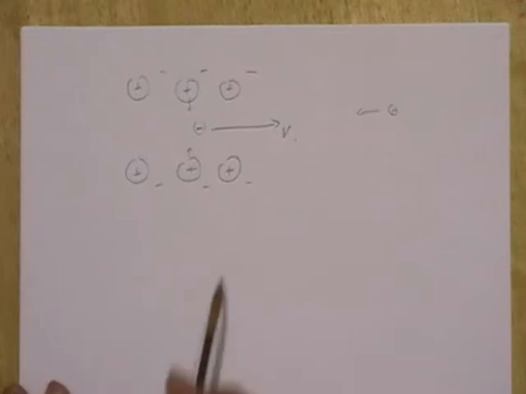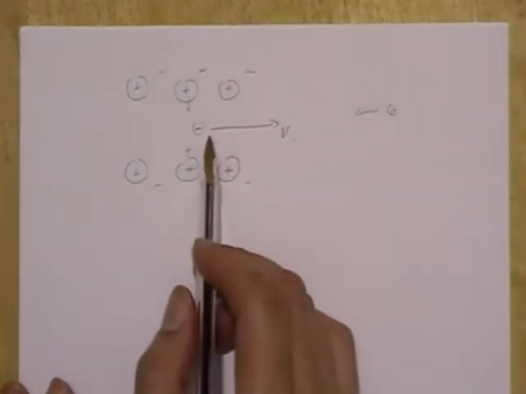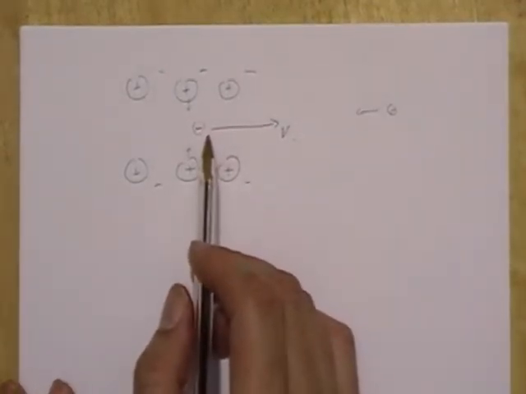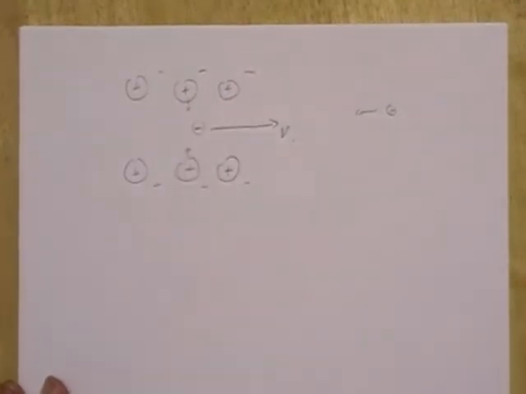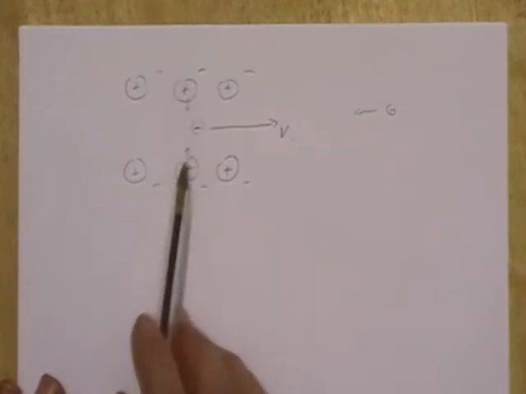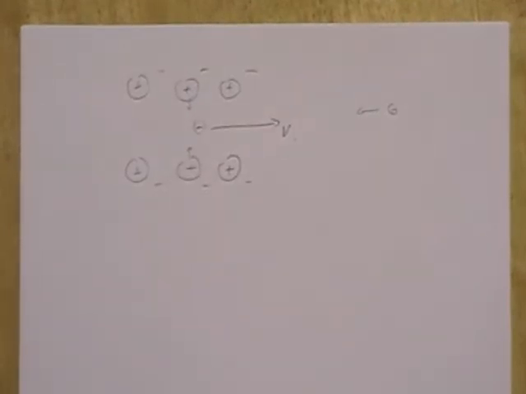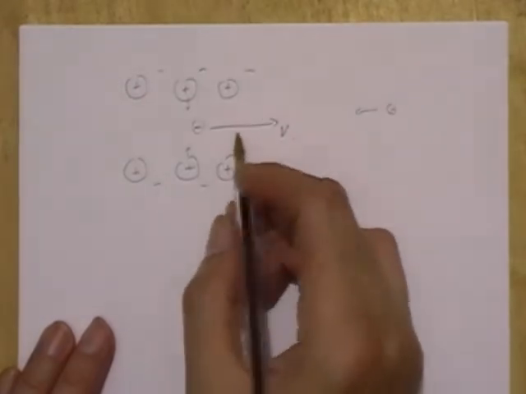Okay, now then, what we are going to do is to estimate the attractive potential resulting from this movement of the ions. Now we're going to use a very simple approximation.